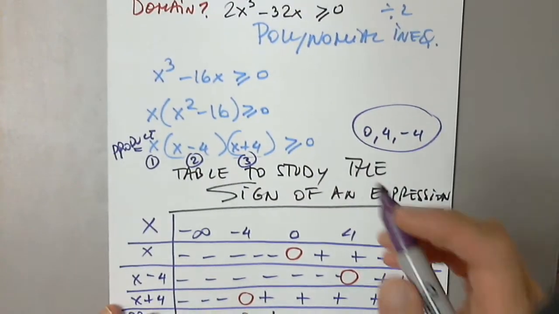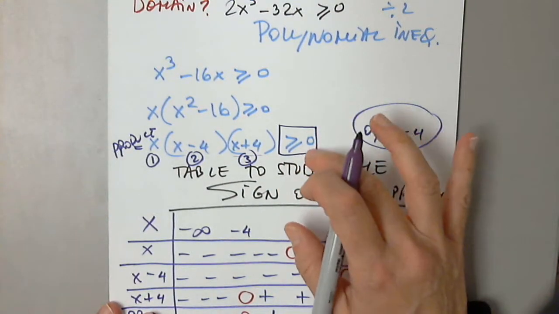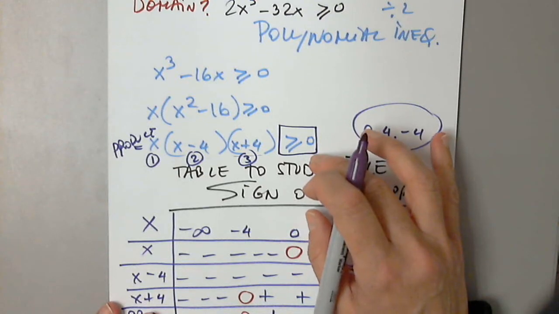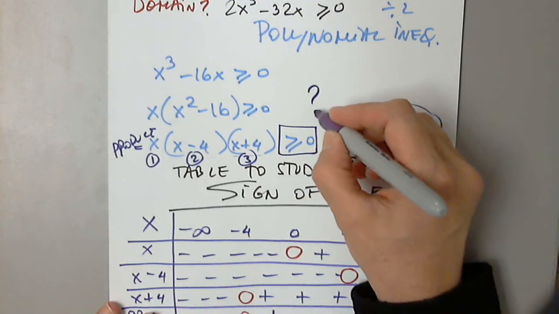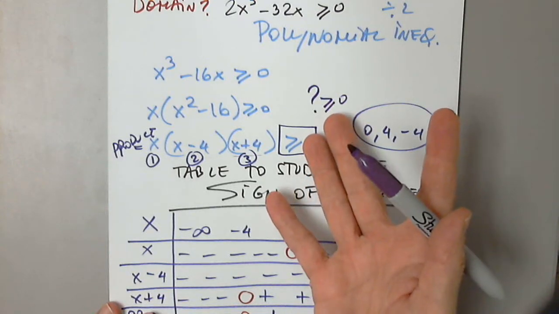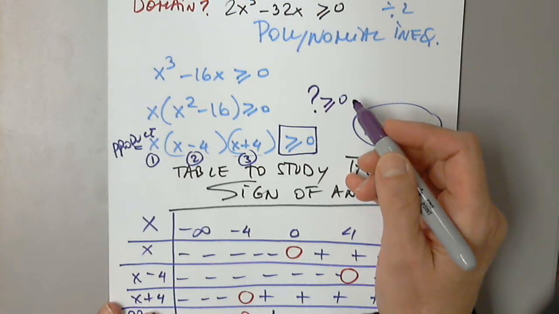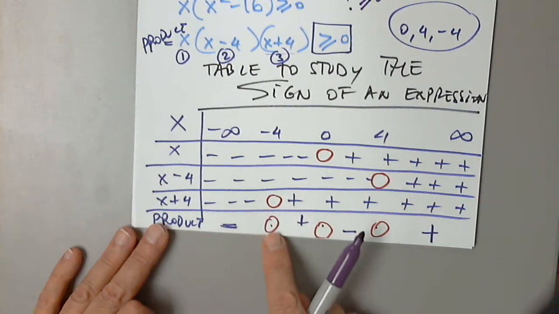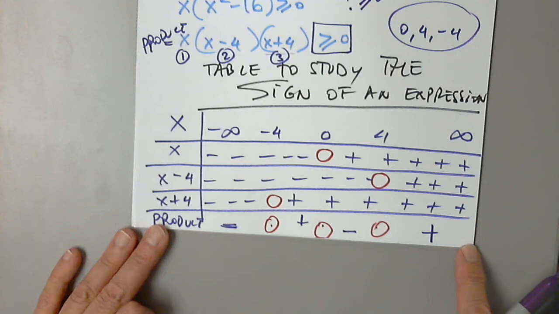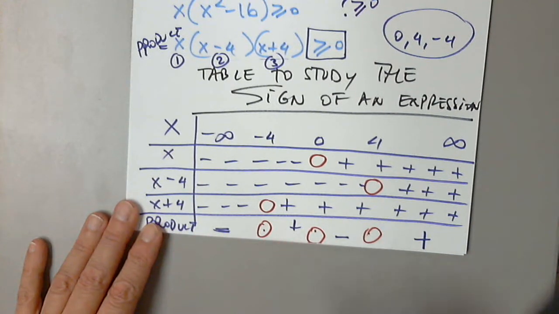Perfect. So now, only now, I look at this and I ask myself, what am I looking for? Which sign is greater than or equal to 0? Of course. Is the product ever positive?